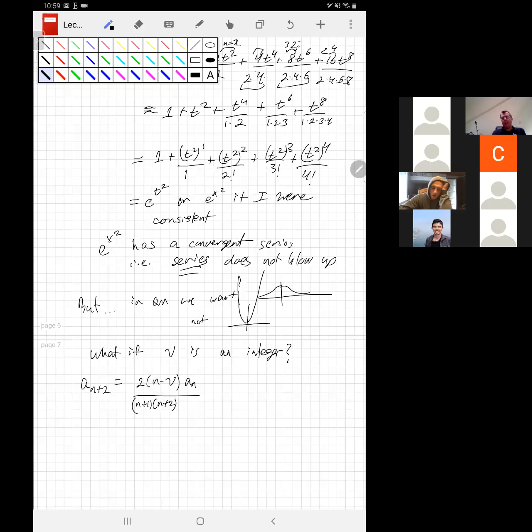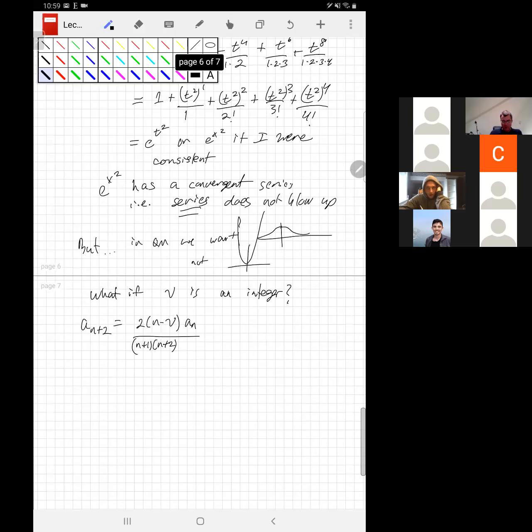And I'm harping on this not just because of the Hermite polynomials, but because there are a lot of types of equations like this where we want something to be an integer and then something cuts off. Say nu equals 8.